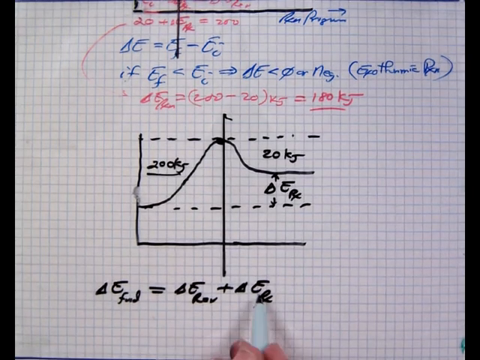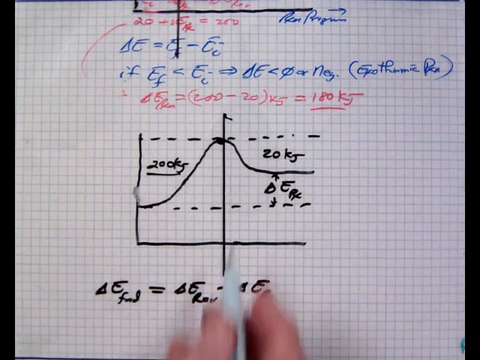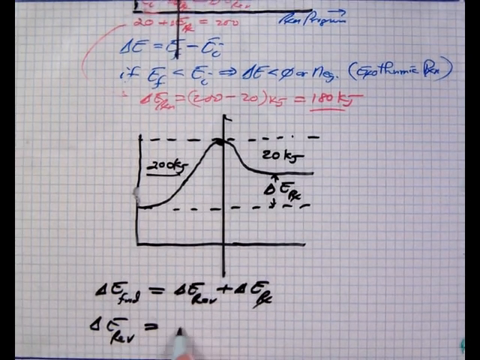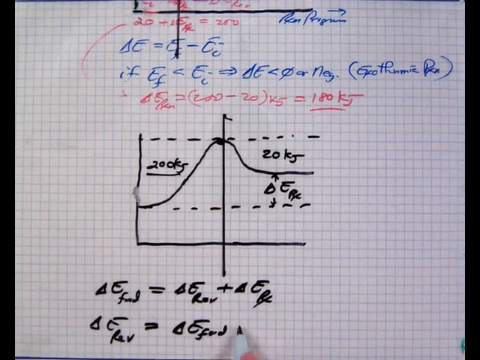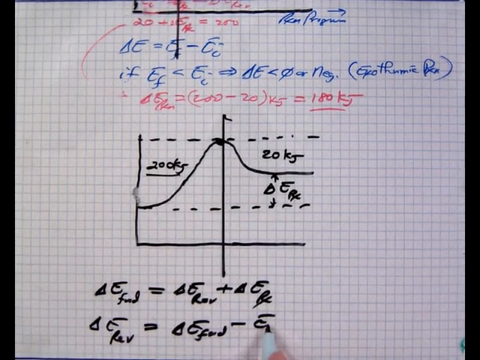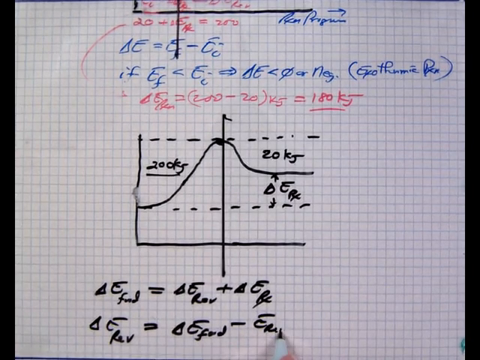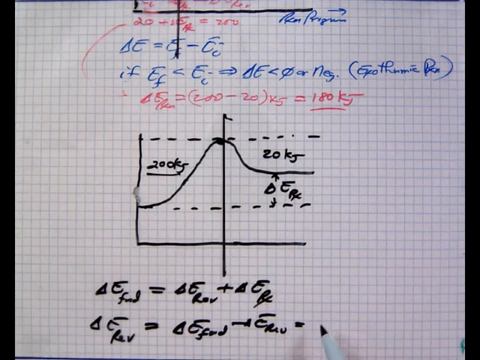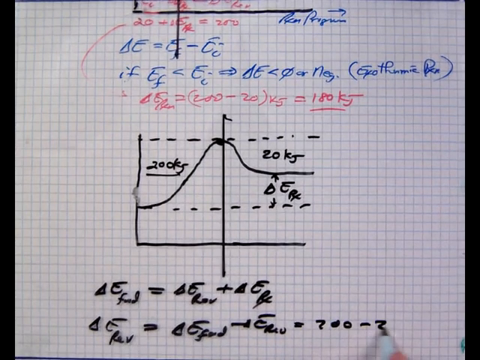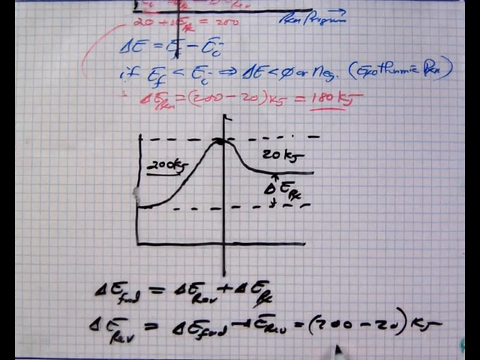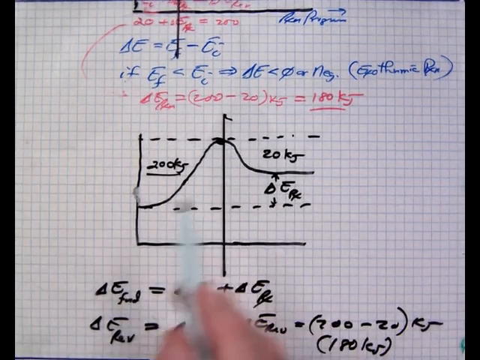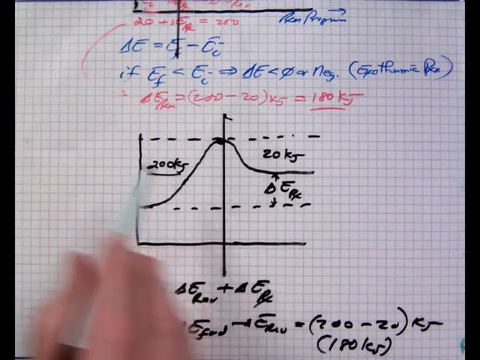Now, if they're asking you to get the delta E of the reaction, you have to use this relationship, solving for delta E reverse: delta E forward minus delta E reverse is 200 minus 20 kilojoules, or 180 kilojoules for this part right here. Because you got 180 plus 20 gives you this.